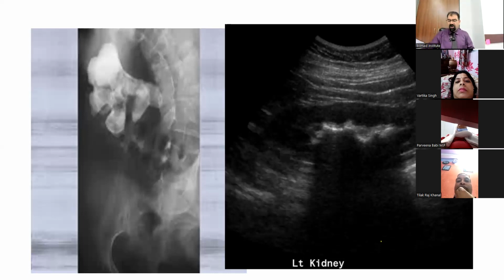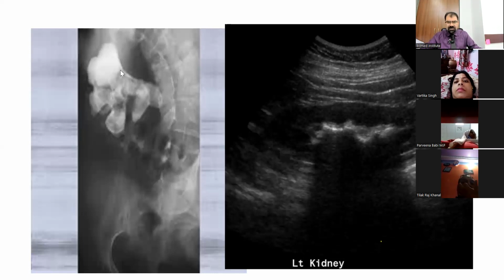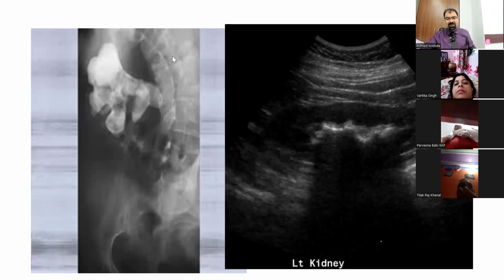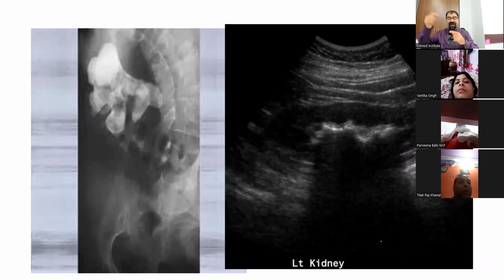Staghorn calculus, because if your beam is hitting from this side, the measurement will be from here to here. Now from here to here, it can be 15 millimeters or 15 centimeters, anything. Now if the beam is hitting from here, try to understand, then I will be seeing this to this, and that will not be exact 15, that will be less, maybe 10 only.